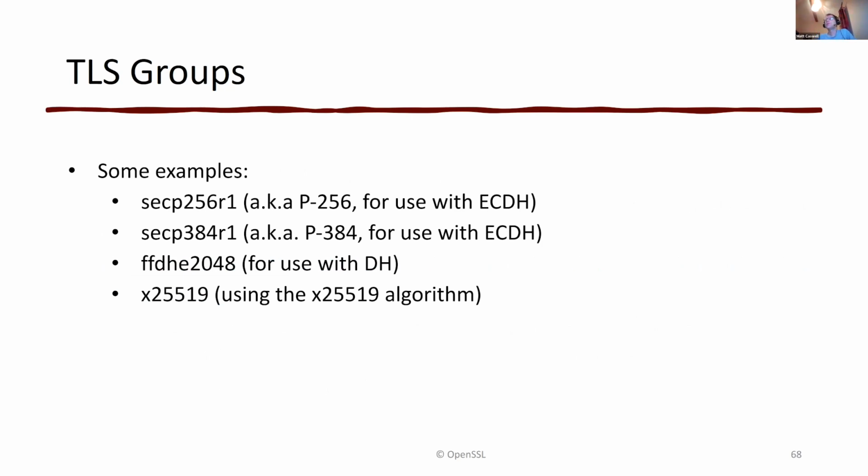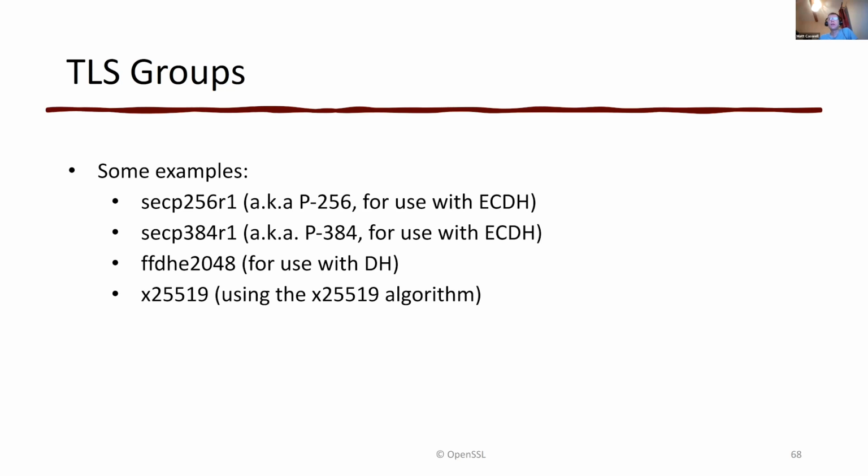You may know this as P256. It goes by a few different names, and that's just an elliptic curve that you can use with the ECDH key exchange algorithm. Another example is secp384r1, also known as P384. That's a different elliptic curve, but can also be used with the same ECDH algorithm. We've got FFDHE2048. That's a finite field Diffie-Hellman group for use with the DH algorithm.